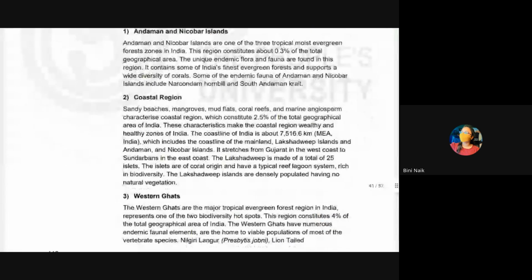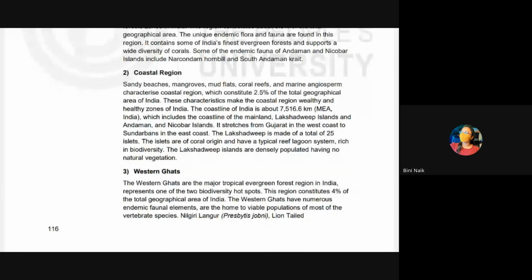Then coastal regions: you have stretches of the east coastal plain and the west coastal plain, running parallel to the Western Ghats and Eastern Ghats. Because the western coastal plain runs parallel to the Western Ghat region, the western part of the Western Ghat receives a high amount of orographic rainfall, and intense leaching takes place in those regions.